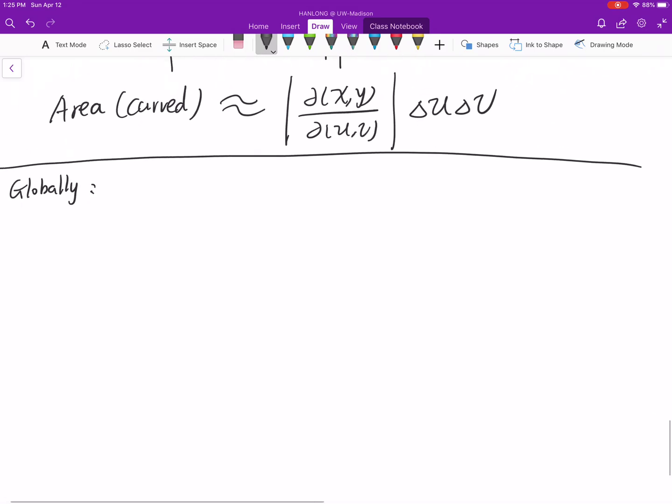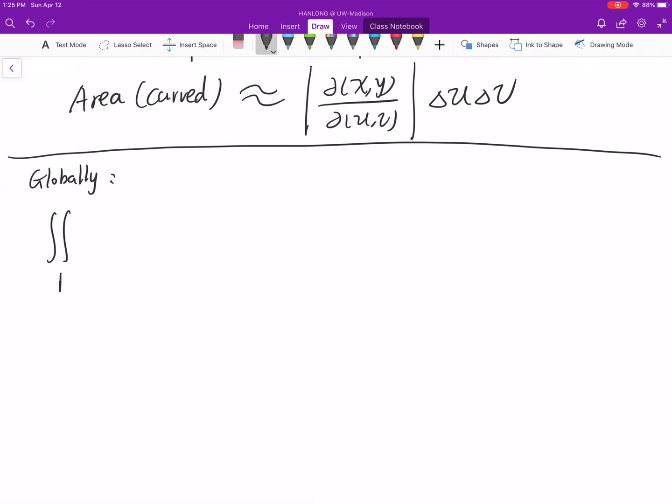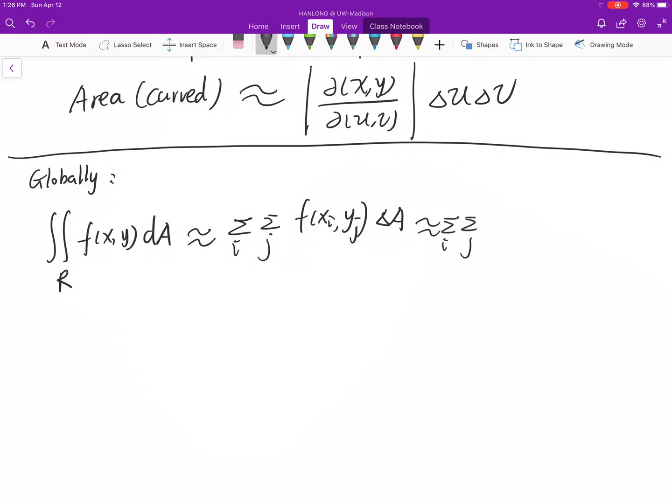So globally, what do you have? Suppose you have an integration of f over region R. Then you can cut it into small pieces. The integral is approximately equal to the Riemann sum. And then for each small piece, we use the above discussion.